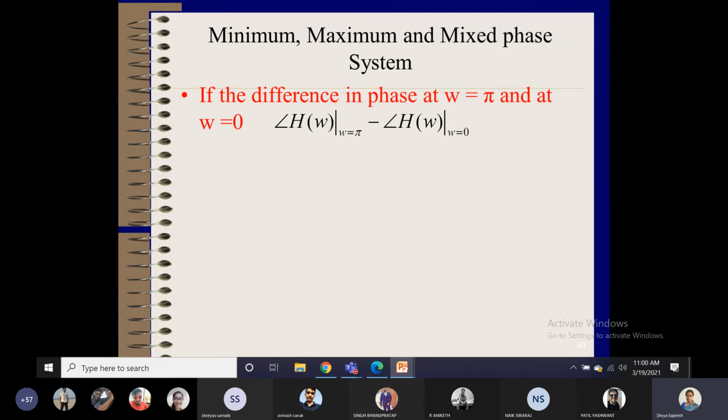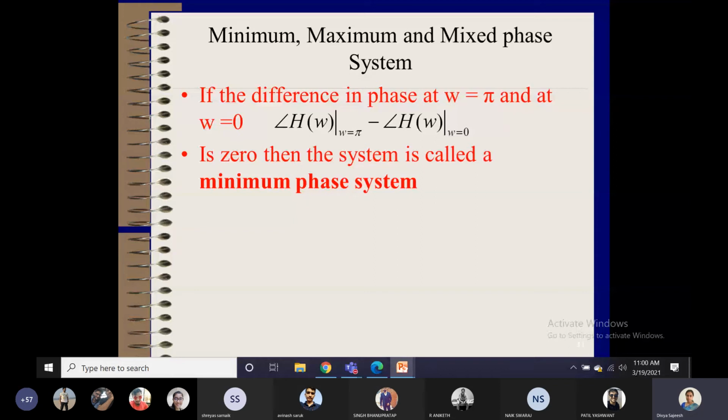That way we will find the phase difference at omega equal to 0 and pi. If this phase difference is 0, then the system is called a minimum phase system. Minimum phase shift will be there for this kind of system.